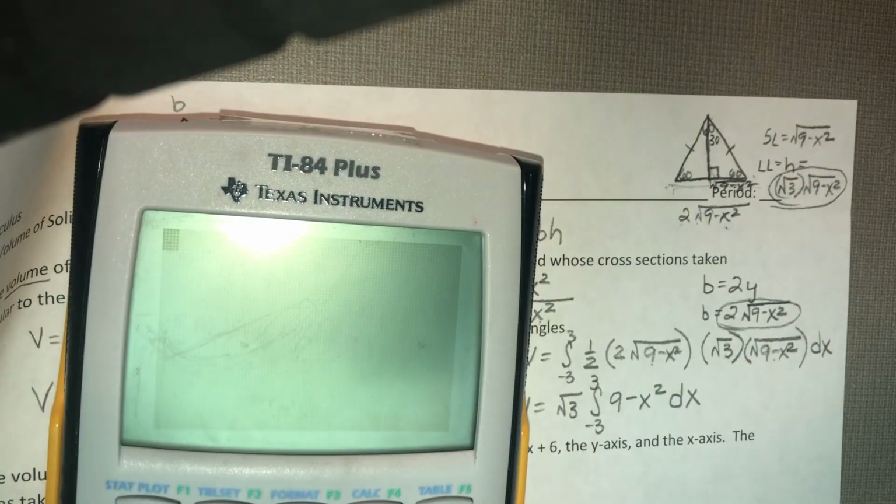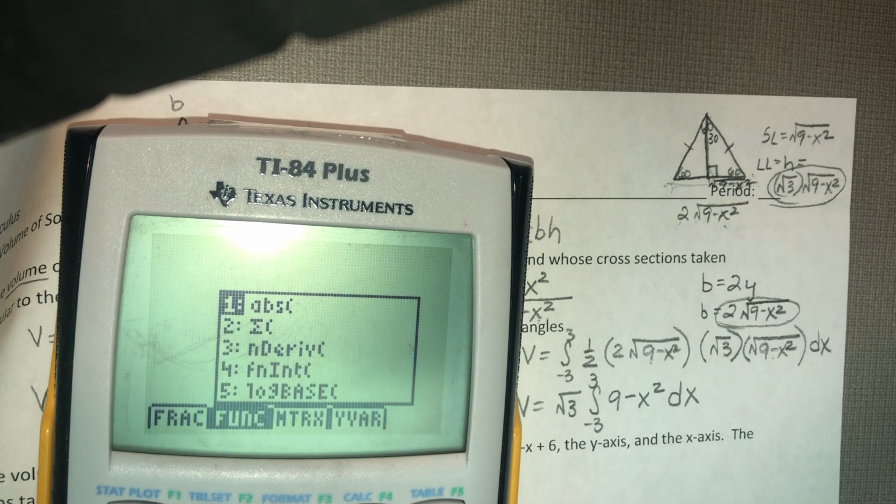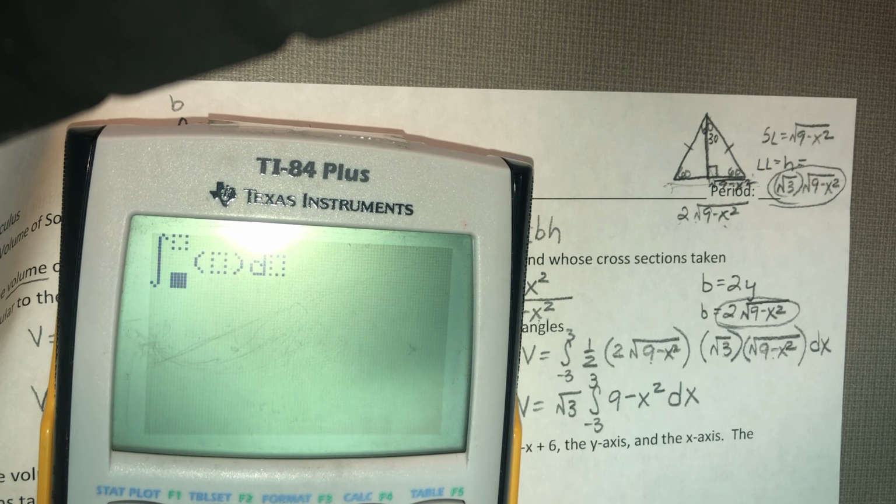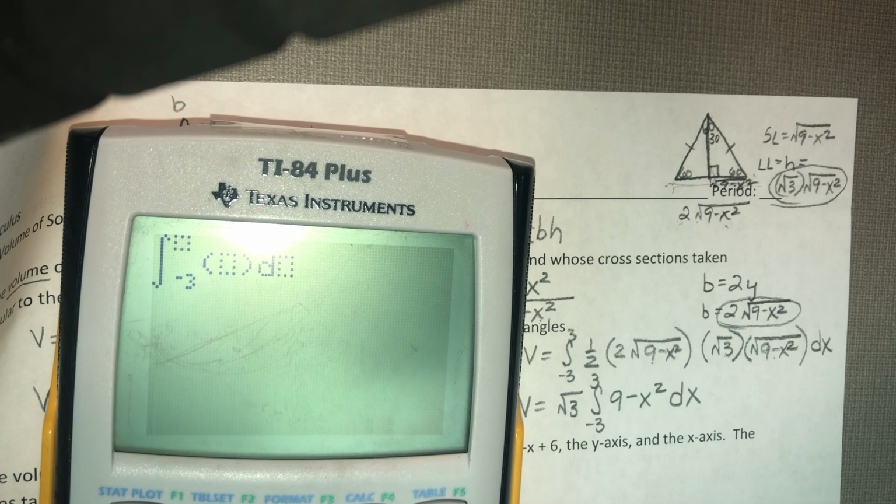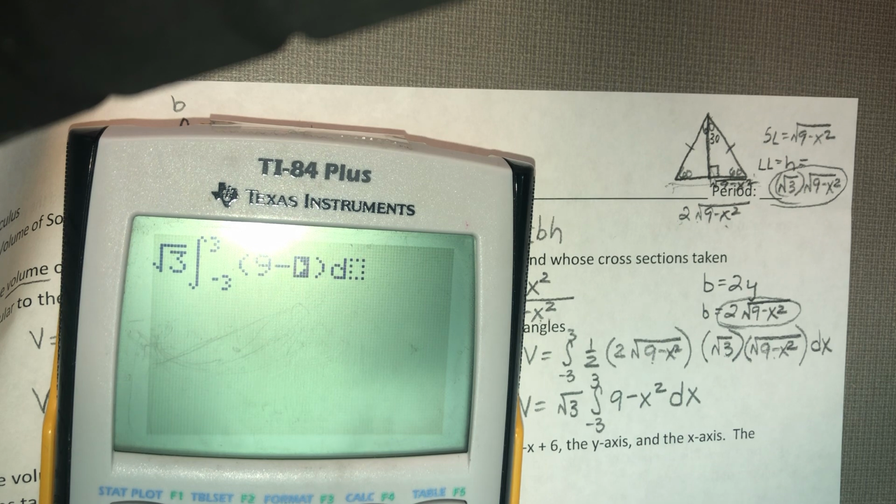So alpha window, option 4 for function integration. I have -3 for my lower limit of integration, 3 for my upper limit of integration. Oh, I forgot to multiply by the square root of 3 out in front. Had to insert that. 9 minus x squared is my integrand dx.